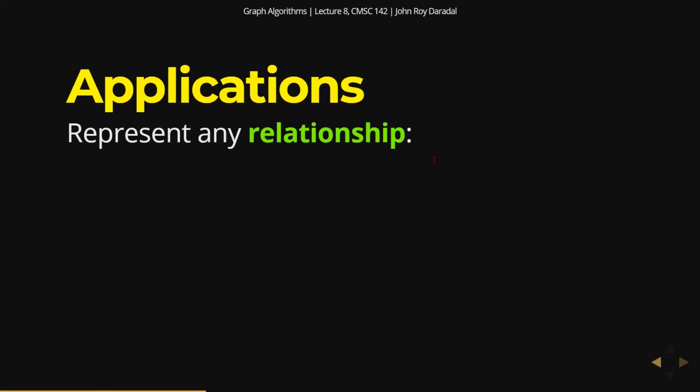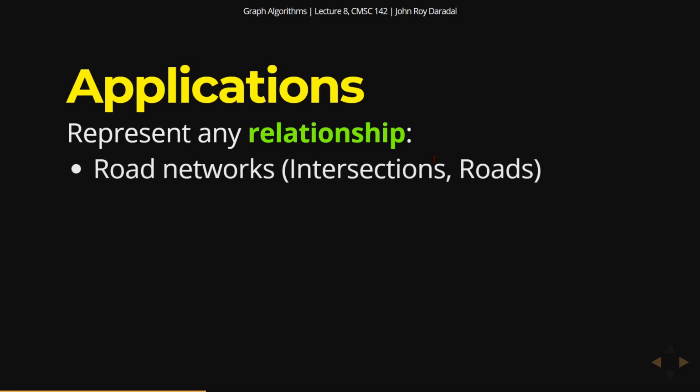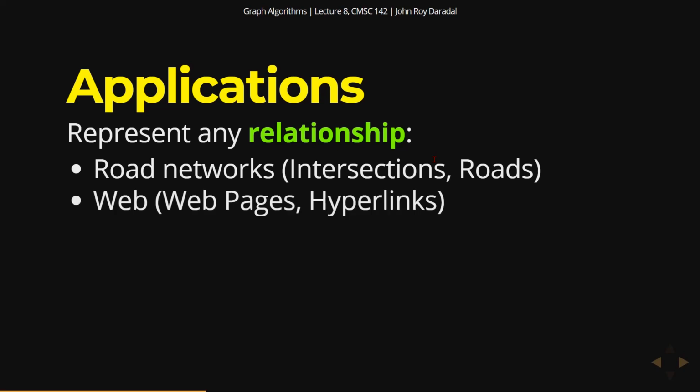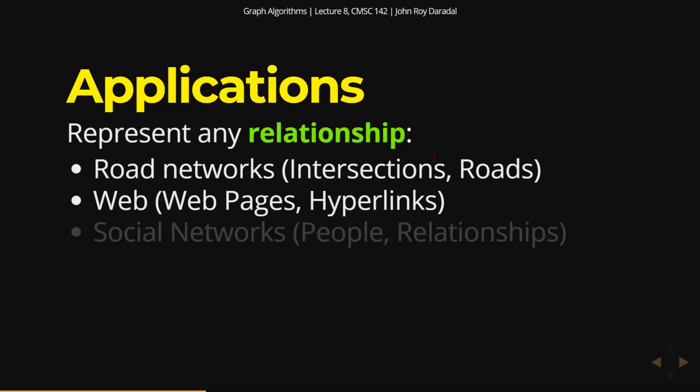So for graph applications, you can use this to represent any type of relationship, right? So road networks, wherein your nodes would be the intersections and the roads themselves would be the edges. You can represent the World Wide Web as a graph also, wherein your web pages are the nodes and the hyperlinks are the edges that connect them together.